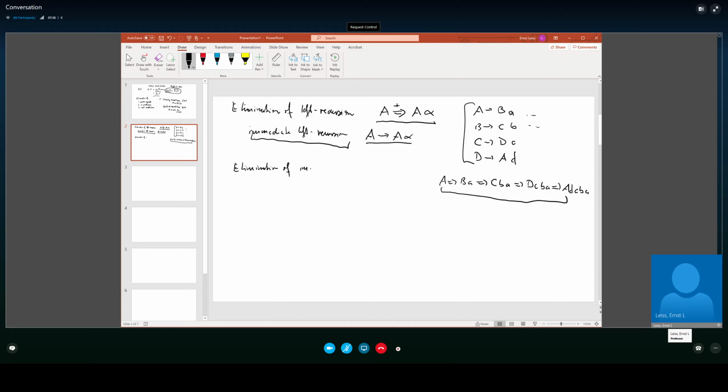Elimination of immediate left recursion. And that means we now are looking at all the A productions. So we have a bunch of A productions, and we write down all of them, and we group them together in two groups. A productions that start with A, and A productions that do not start with A.